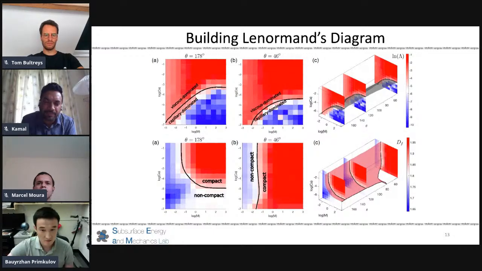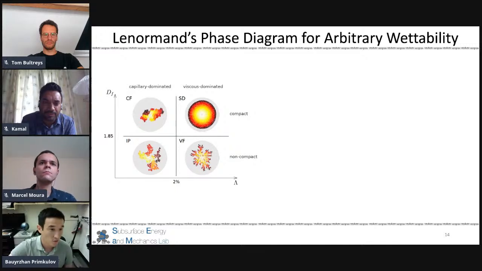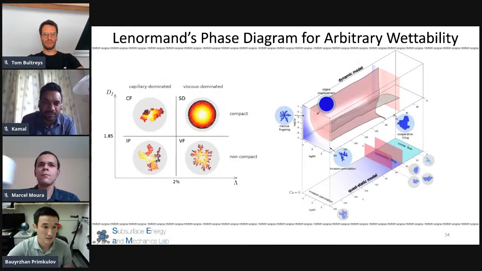So in this case, you easily separate the two, and really what we're trying to do is separate these 4 principal flow regimes based on this characteristic: compact versus not compact, capillary dominated versus viscously dominated.